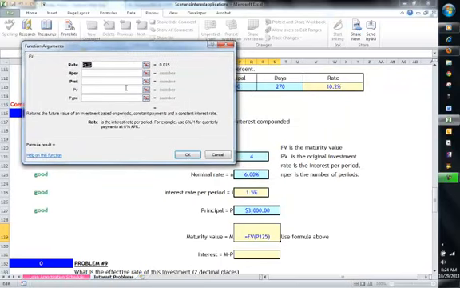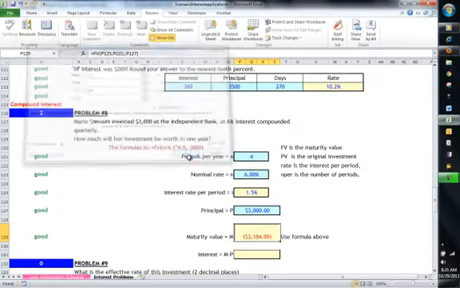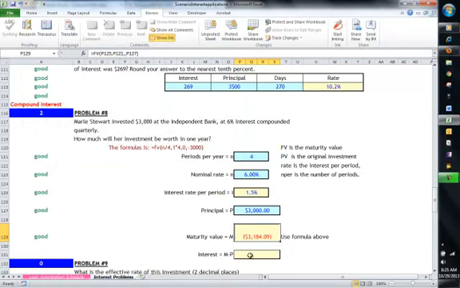The number of periods is 4, and the present value is $3,000, and so we get $3,184.09. Now it's negative because we made the principal positive, but we could have done it the other way around.